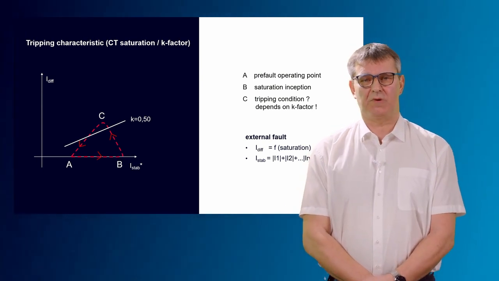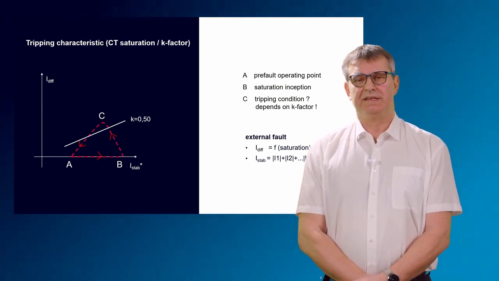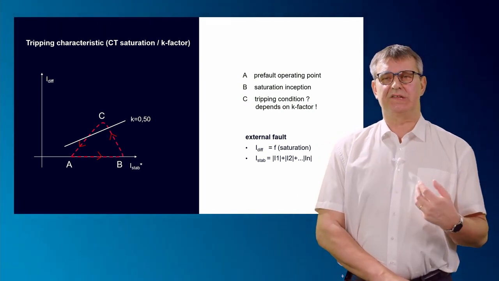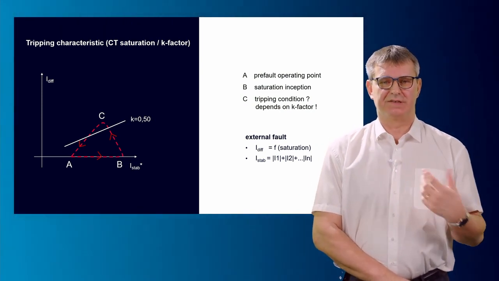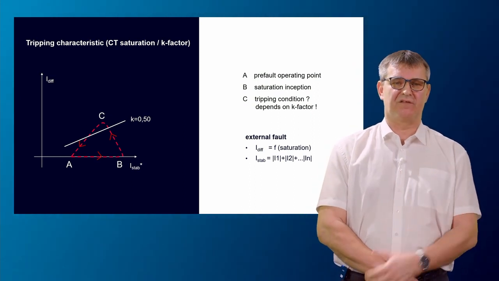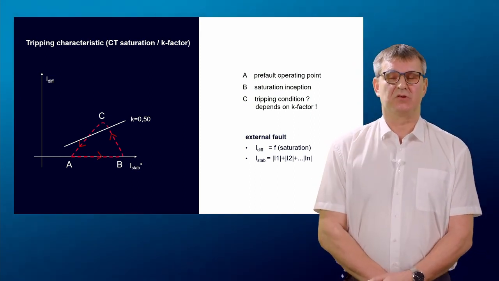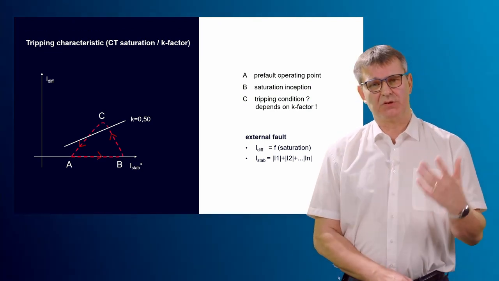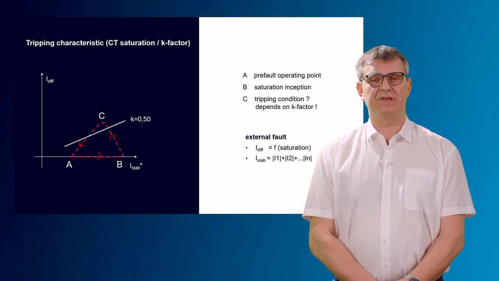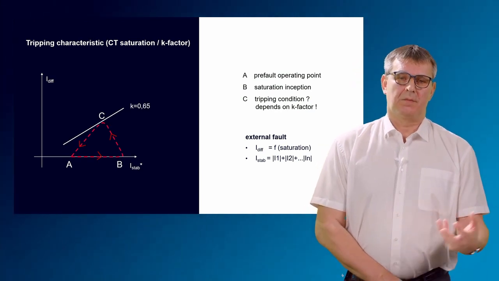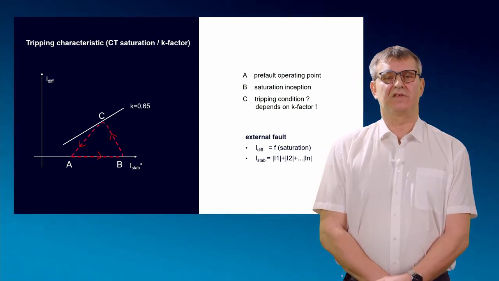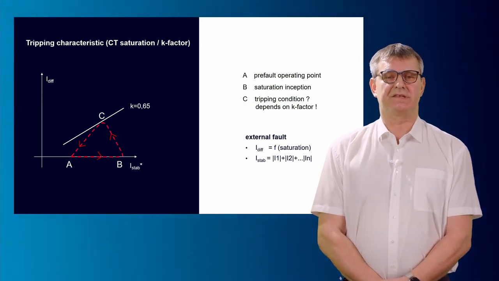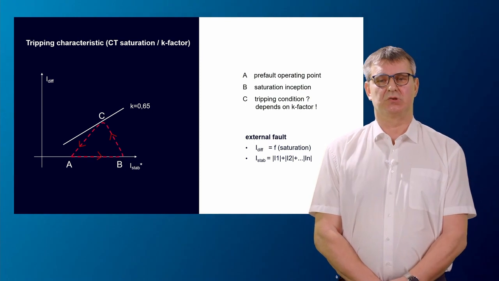And then whether we will trip or not depends on our used stabilization factor. In this very simple model, with a stabilization factor of K is 0.5, a trip may happen. It's not absolutely sure, but we have at least the risk of a wrong tripping. But with a stabilization factor of K is 0.65, we would be in the stabilized area and everything should be fine.